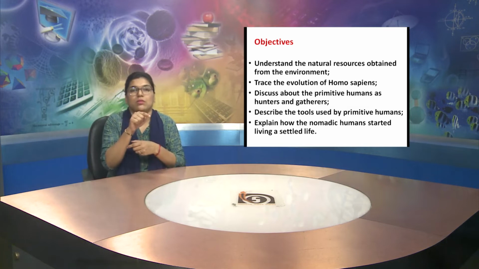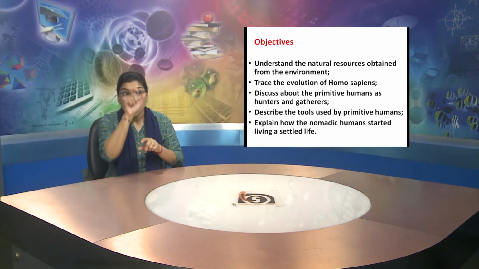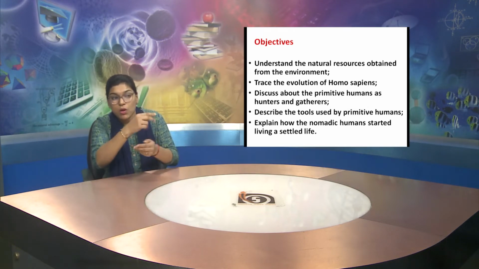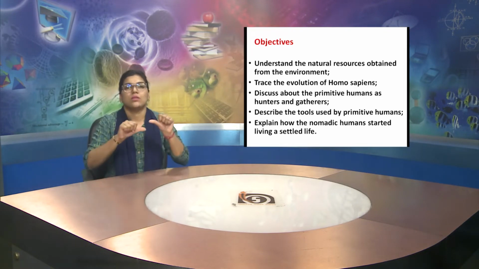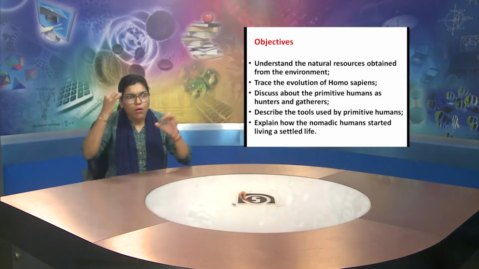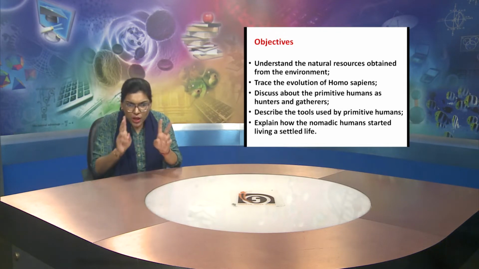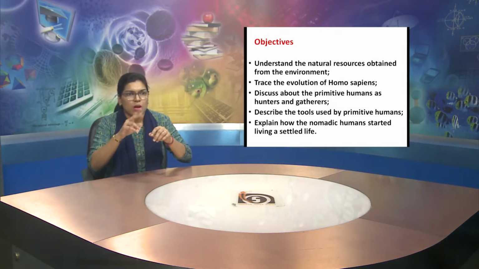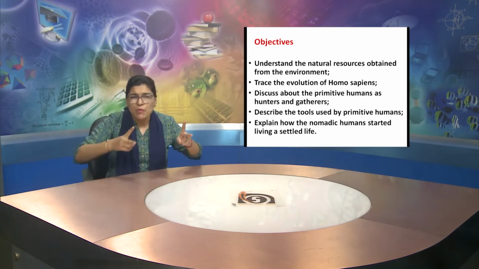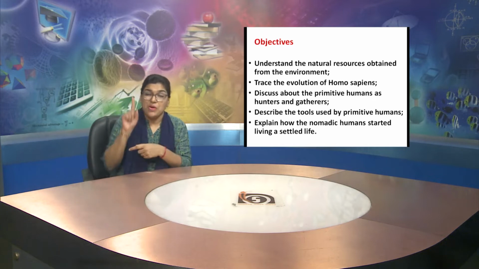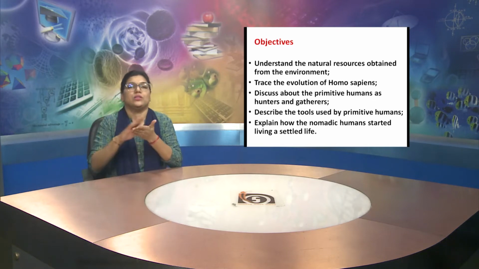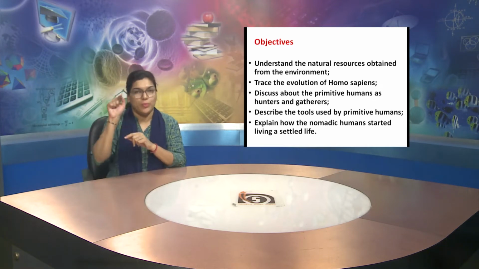It's a scientific name which is given to the human being, which was the primitive man. You can say the first generation man. In science, we call him Homo sapiens. Whenever we talk about Homo sapiens, that means the first man of this earth.